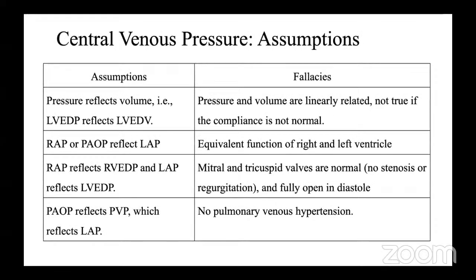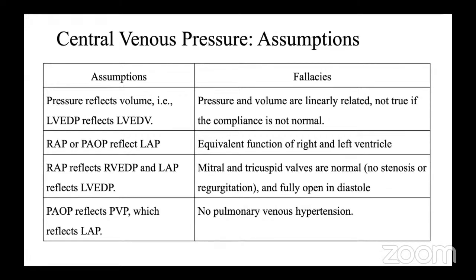But when we measure the central venous pressure, we make multiple assumptions. We are actually interested in the volume of the left ventricle at the end of diastole. Here the first assumption comes into play when we equate volume with pressure, and they're actually not linearly related.